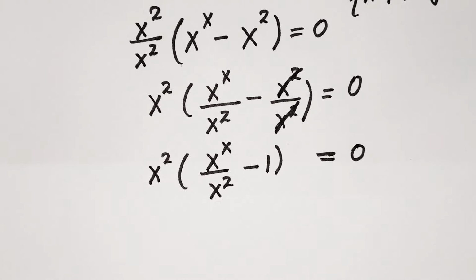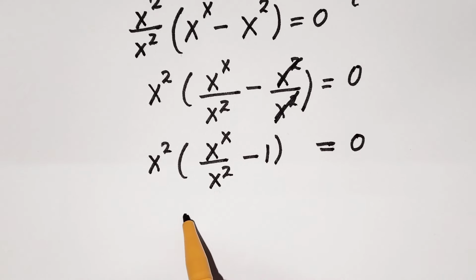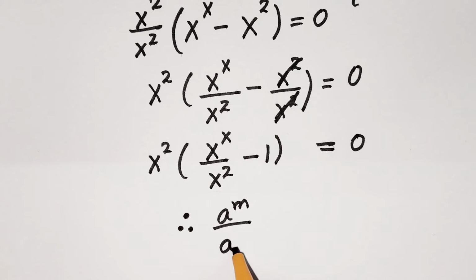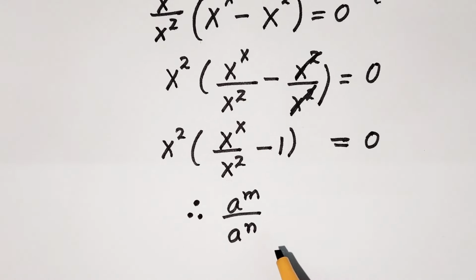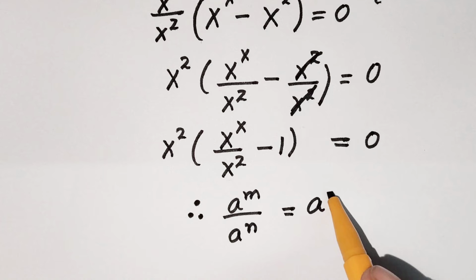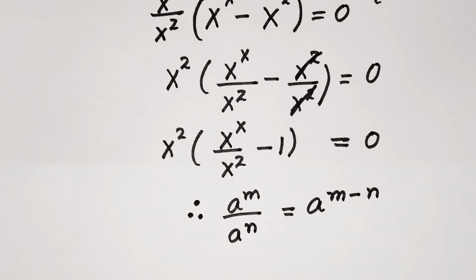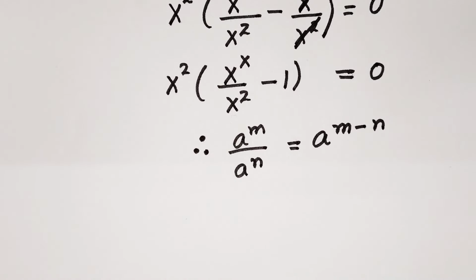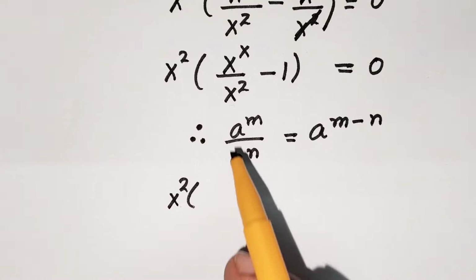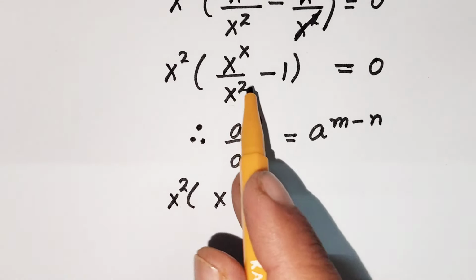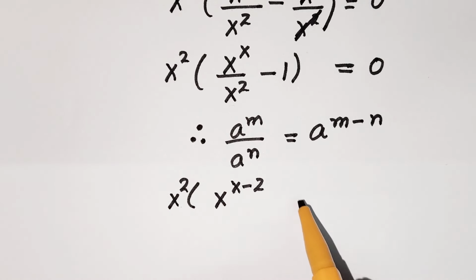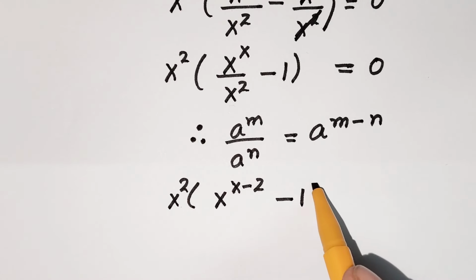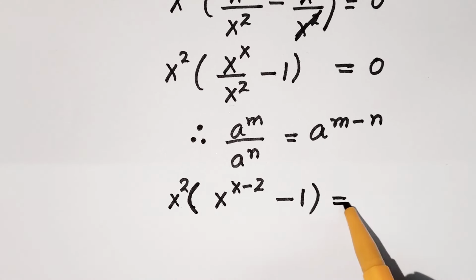Now, as we know by the exponential property, if we have a raised to power m over a raised to power n, then it is equal to a raised to power m minus n. So here we write x squared times x raised to power x minus 2 minus 1 is equal to 0.